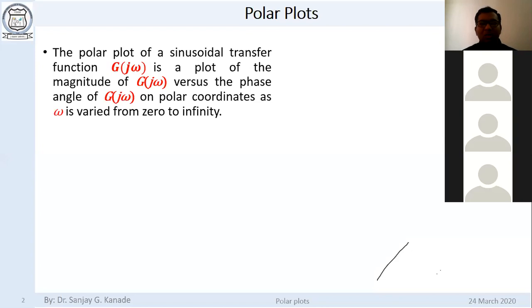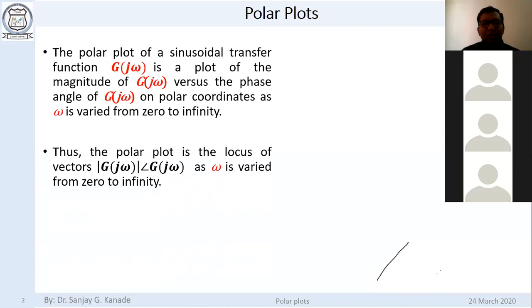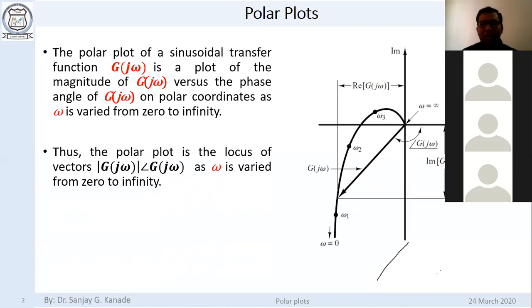But in polar plots what we have is magnitude versus the phase angle. So in polar plot, it is the locus of vectors G(jω) angle G(jω), and omega is varied from 0 to infinity.